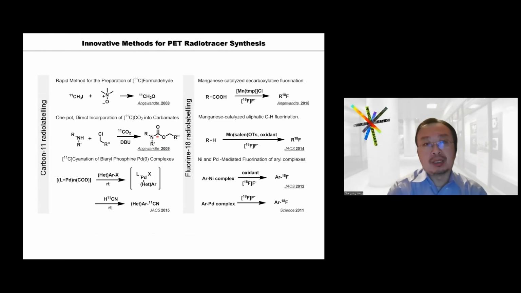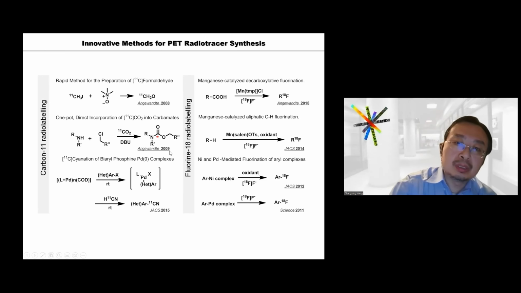We're also working on new strategies for C11 and F18 radiolabeling. These are some examples from maybe 10 years ago, and recently we keep working on new strategies, especially for F18, to label more molecules easily.